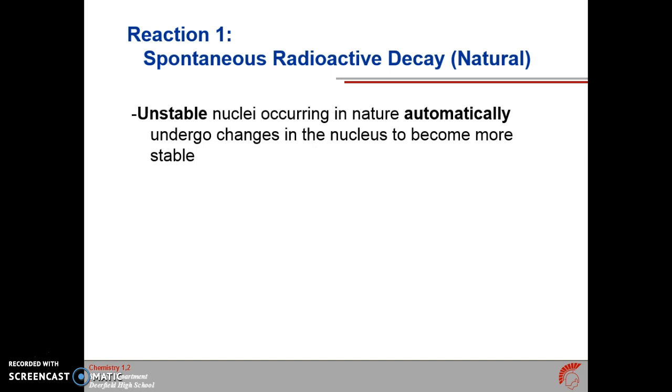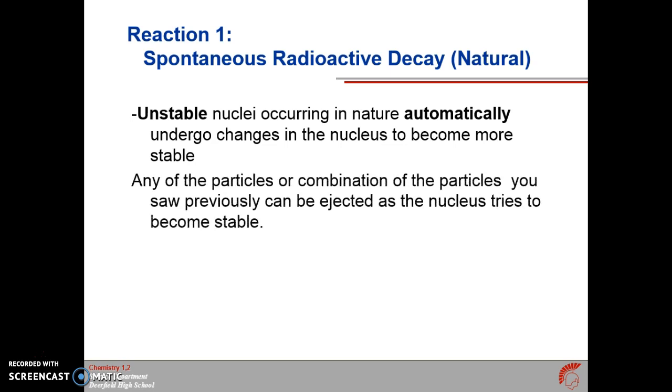So there's nothing we can do to encourage spontaneous radioactive decay. That's why it's spontaneous. Almost every element has at least one radioactive isotope naturally occurring. And so when this naturally occurring radioisotope tries to become stable, it spontaneously ejects some sort of particle from the nucleus.